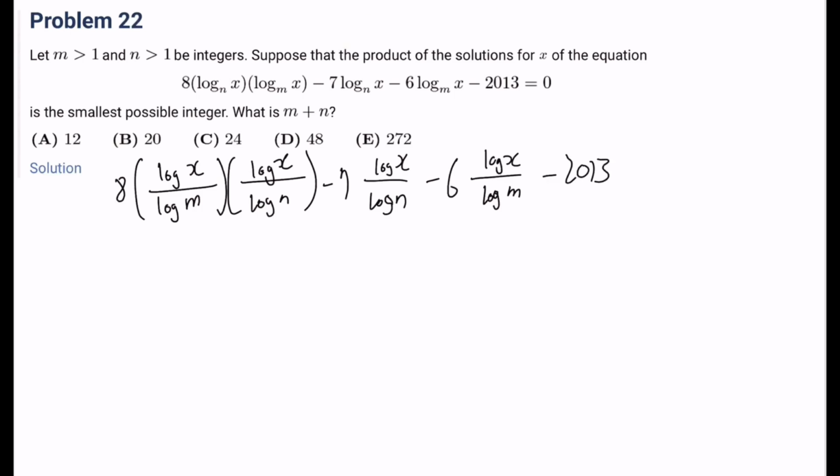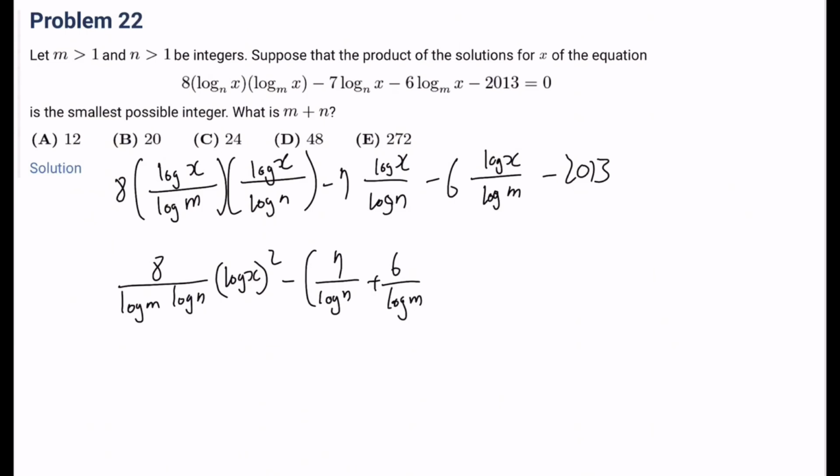If we pull out all the log x's, that's going to be 8 over log m log n times log x squared, minus 7 over log n plus 6 over log m, times log x, and then minus 2013, this equals 0.